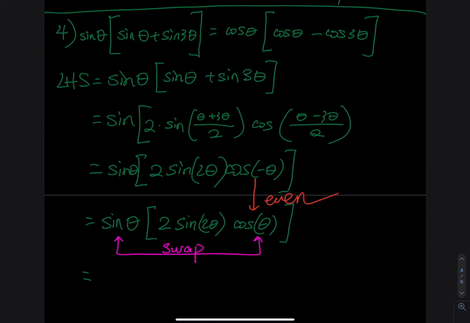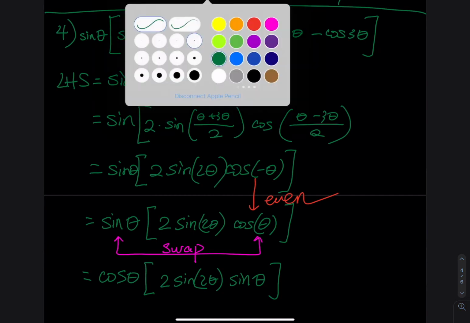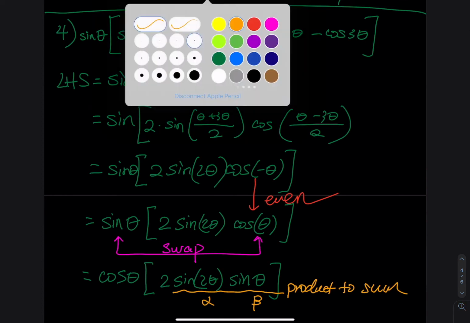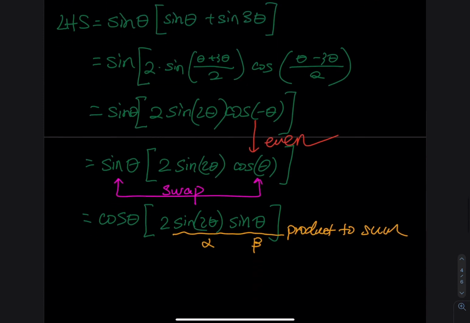And then we have cosine, so that is more similar to the right, there is a cosine outside. You have 2 of sine 2 theta, and then times sine of theta. But the inside is not the same as the right hand side, so therefore we have to do the product to sum. This is your alpha, this is your beta. Alright, keep moving.